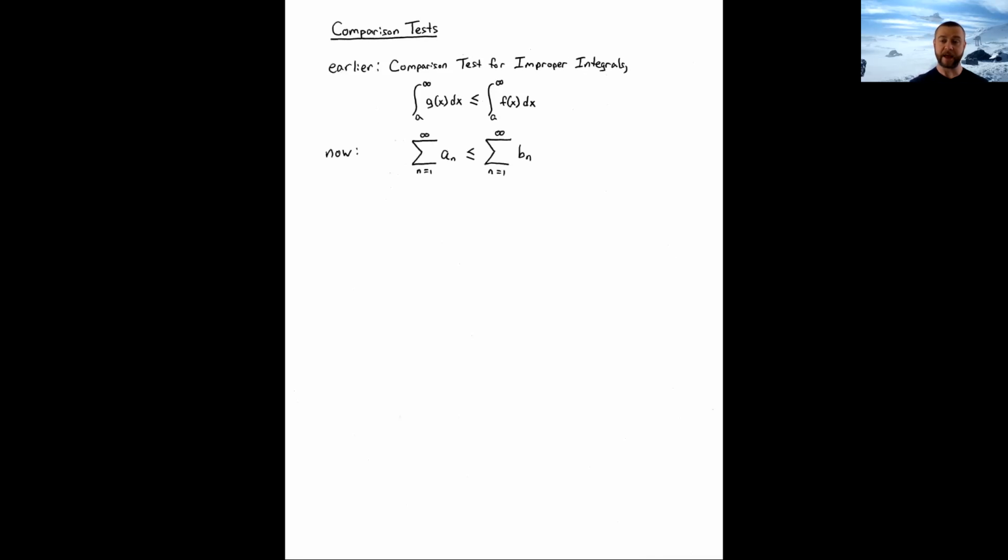All right, now we're going to get a similar version for this, but instead of dealing with improper integrals, we'll have comparisons of two infinite series. One infinite series that is less than the other, where the terms a sub n are less than another set of terms b sub n. Now this version is very similar to the comparison test for improper integrals.